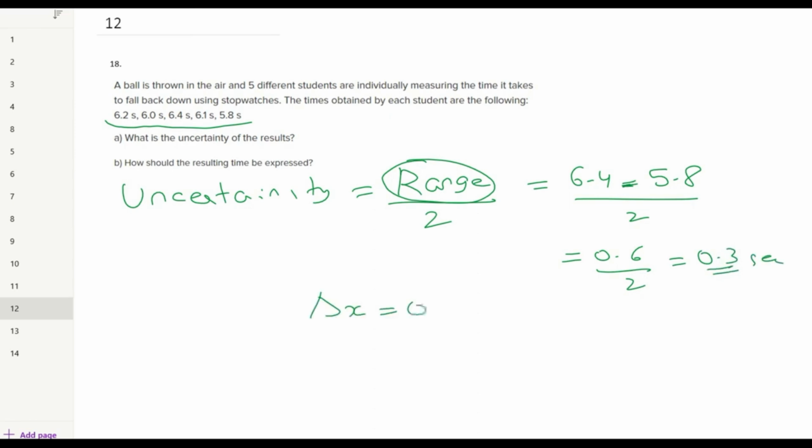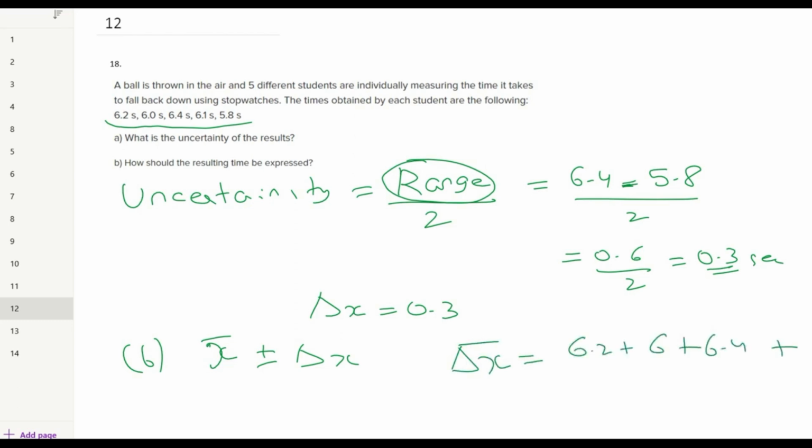time is 0.3. Now part B is, how should the resulting time be expressed? So the answer would be x bar plus minus delta x. X bar stands for the average value of time. So how do we find that out? We will find the sum of all the times, which is 6.2 plus 6 plus 6.4 plus 6.1 plus 5.8.